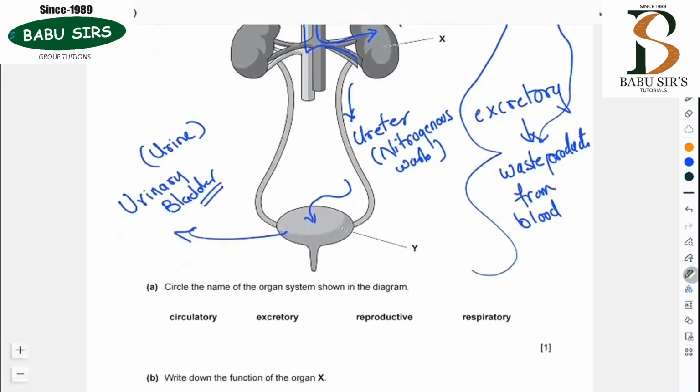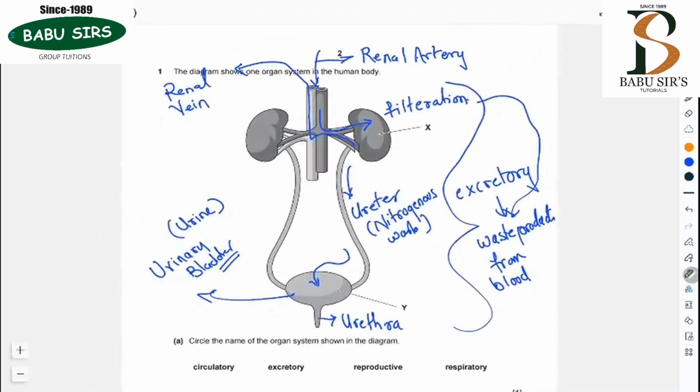And this will be excreted out by the urethra. So I have explained the entire process so that if you get any other questions, you can explain everything.